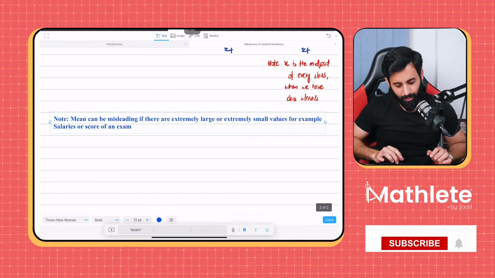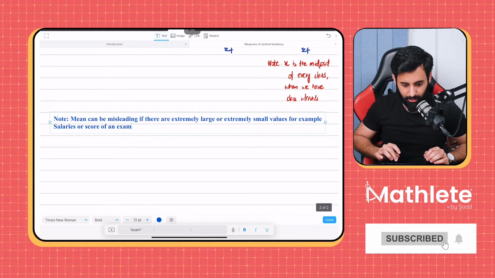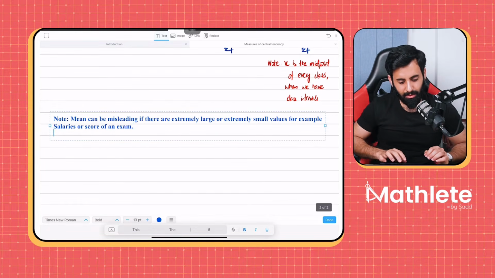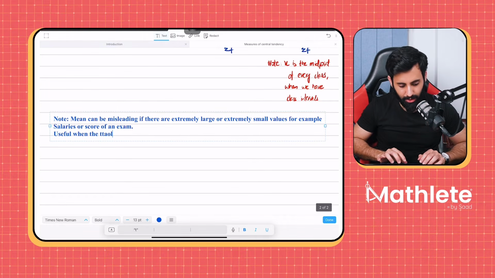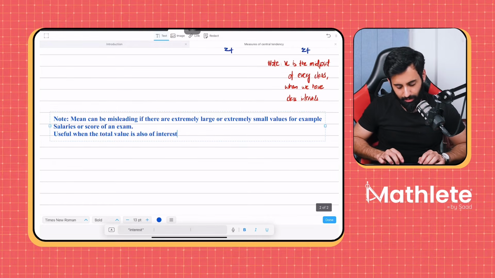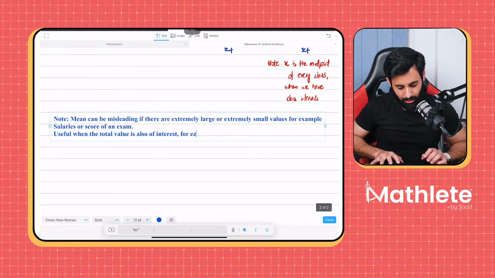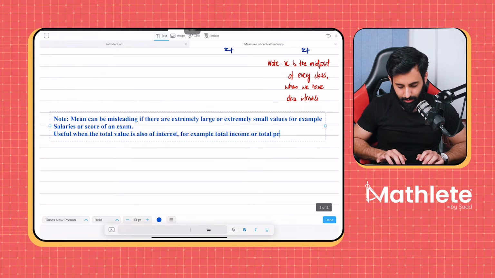Okay. Now, when is it useful? So we've seen when it can be misleading. The question is, when is it useful? It's basically useful when the total value is also of interest. Like for example, total income or total production.